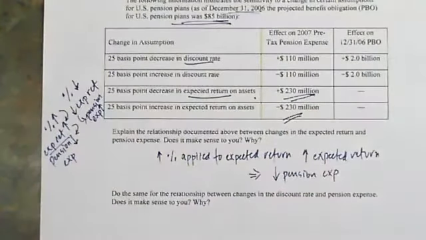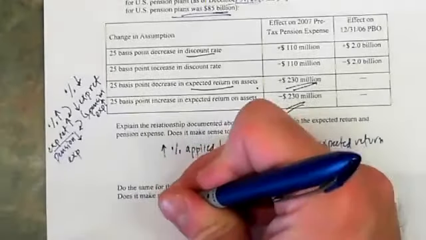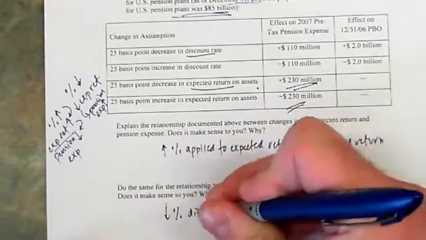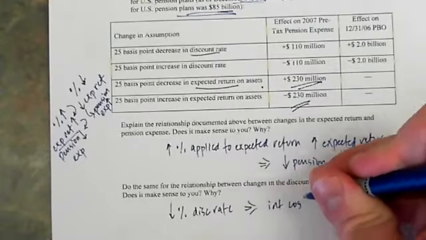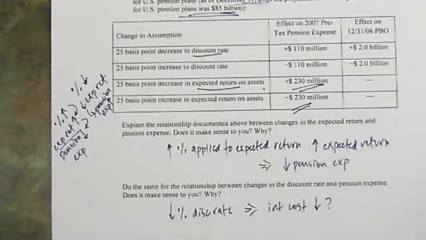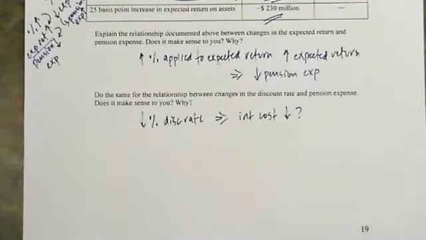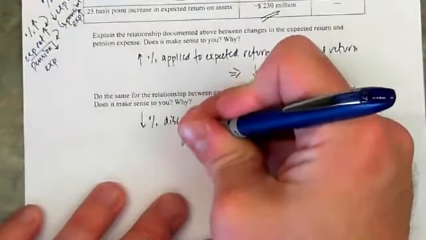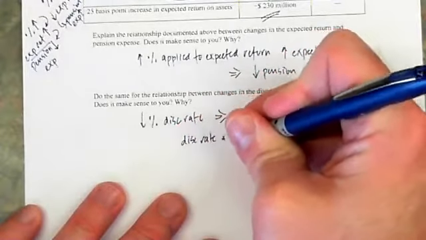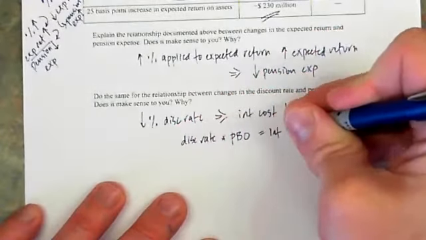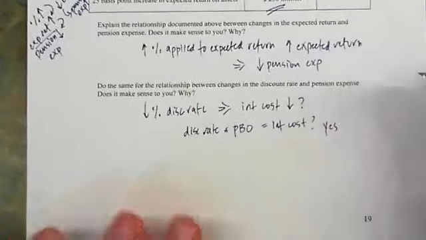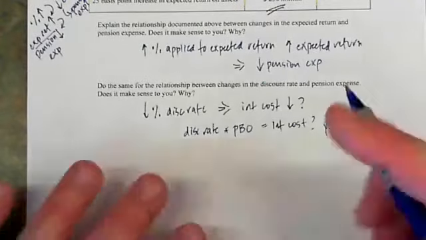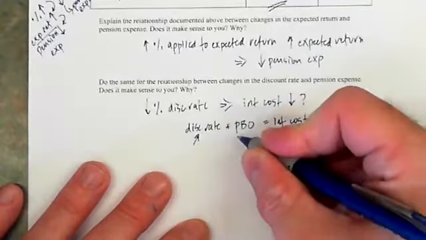Great, you might say. So now let's take that and just apply it to the discount rate. If the discount rate goes down, then you say, well, that probably means interest cost goes down, right? Because the discount rate times the PBO gives me interest cost. This is true, but the discount rate affects not just itself, but also the PBO.